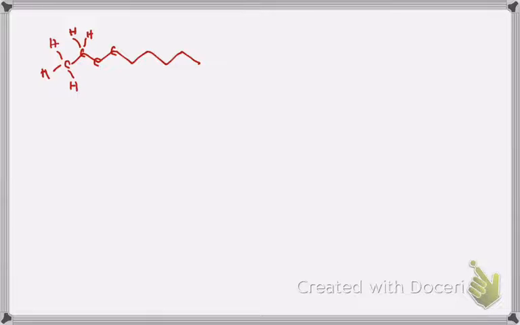That's our cheater way, so we don't have to draw so much. So I have 1, 2, 3, 4, 5, 6, 7, 8, 9. This would be something called nonane. That's the name for it, okay? But it looks very nonpolar because it's carbons bonded to carbons and carbons bonded to hydrogens. None of the bonds are polar. So it won't mix with water, right?